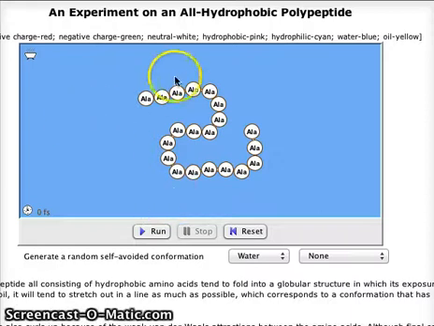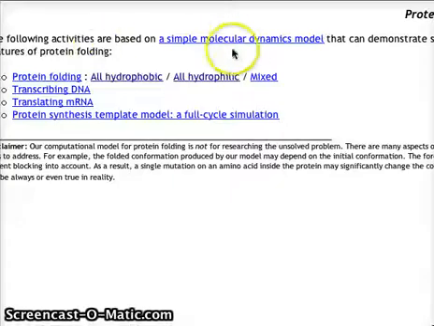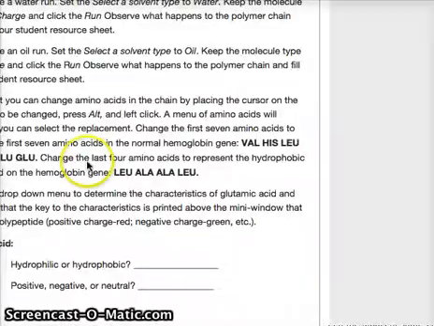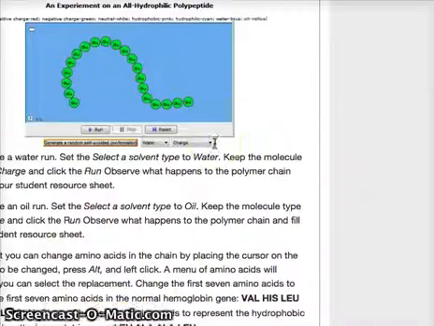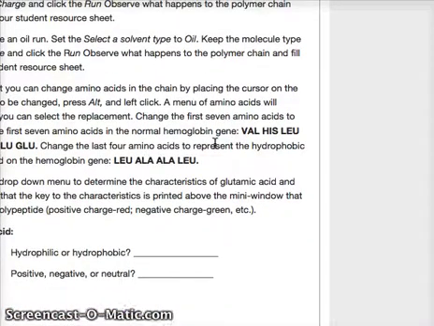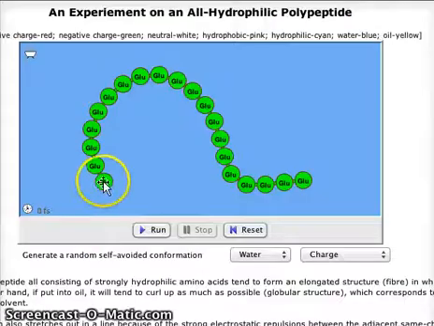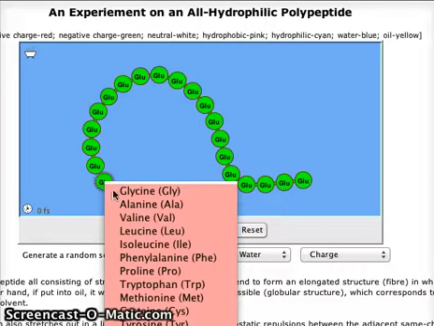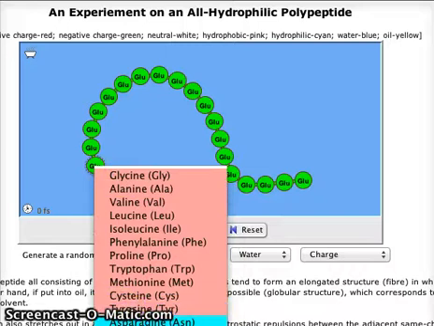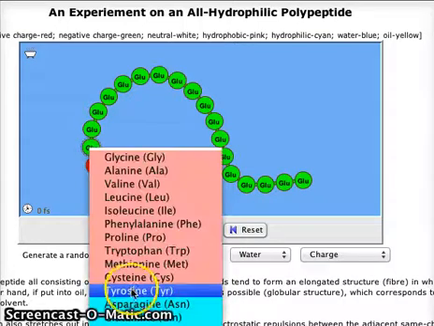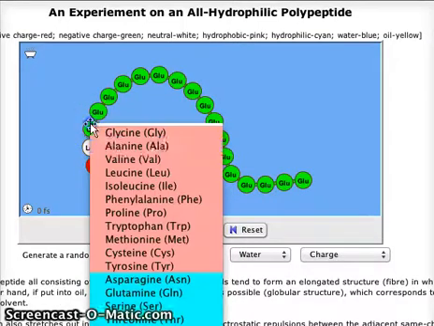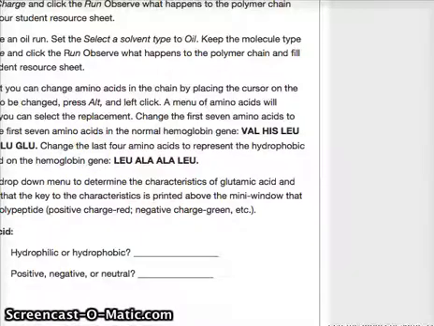So in the activity, we need to go back here and change these to all hydrophilic. And then it asks us to have val, his, we need the original one. Oh, that is the original one. So we want val, his, leu. So this we need to change to val, his, leu, thr, pro, and then the glutamic acid.